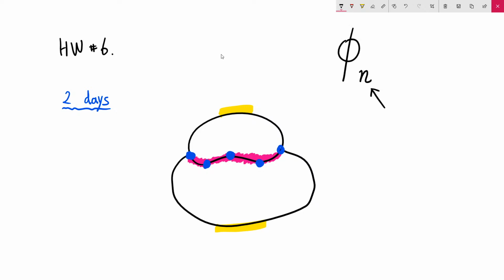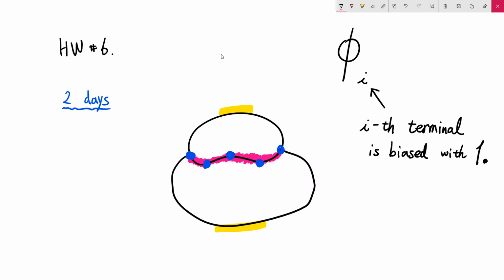Here you have phi_i, where i means that the ith terminal is biased with number 1, and for all other terminals phi is 0. So you understand this one.